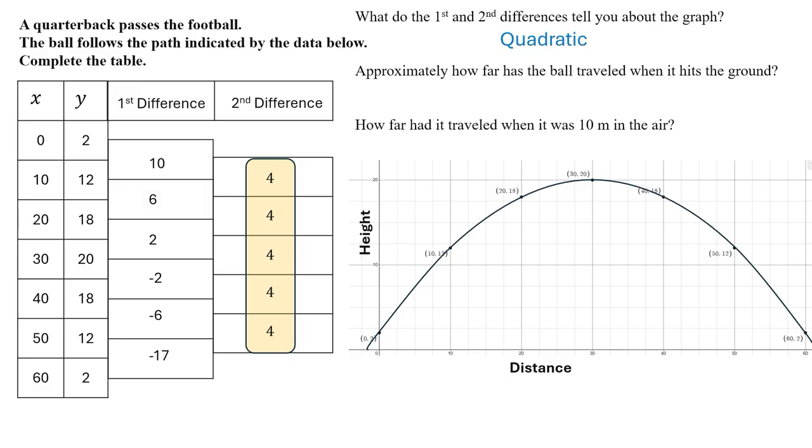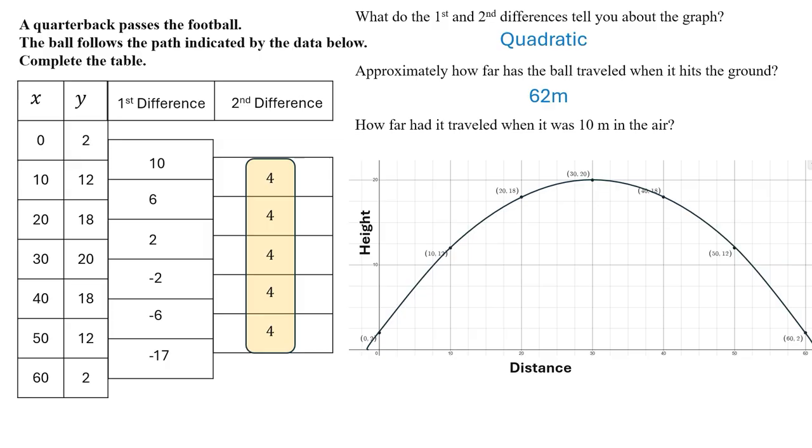Approximately how far has the ball traveled when it hits the ground? Well, to get that, we have to look at our height, where height is 0 again. And we can see that it's approximately 62 meters. How far had it traveled when it was 10 meters in the air?